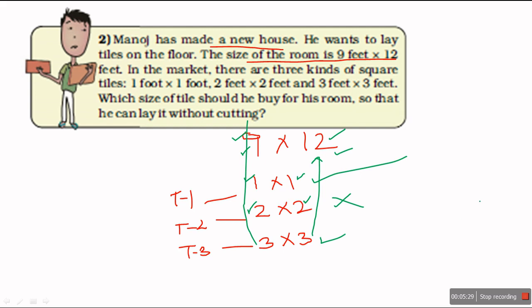So 1 cross 1 and 3 cross 3, these two types of tile he can use without cutting, because these are factors of the size of the room. If the factor of the size of the room is equivalent to the size of the tile, then it can be fit in without cutting. Otherwise, we have to cut the tile.